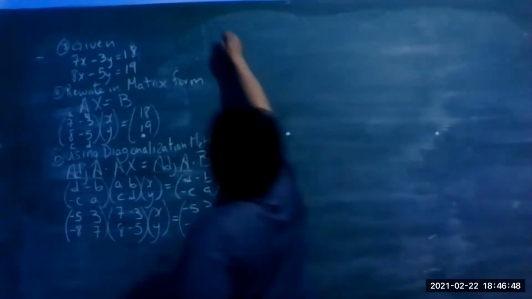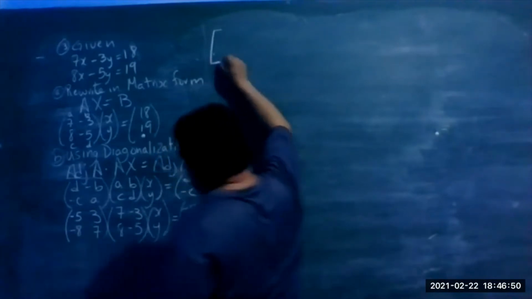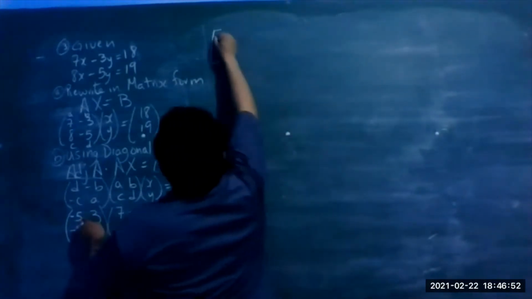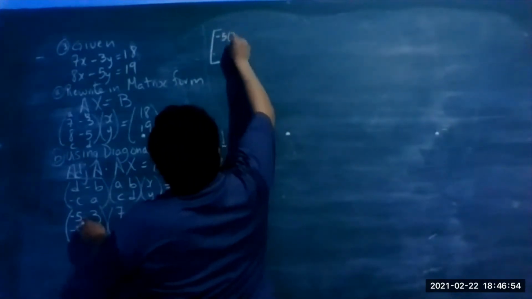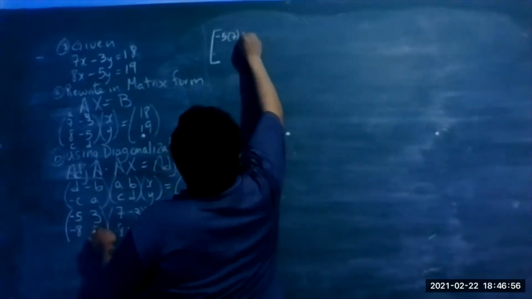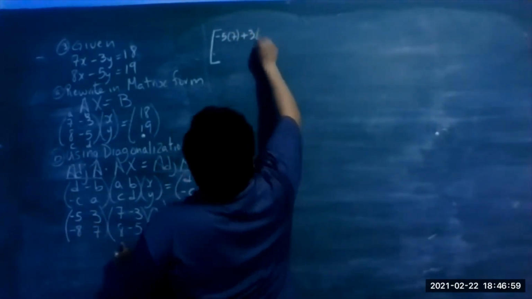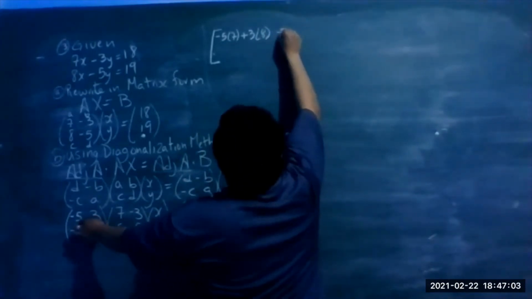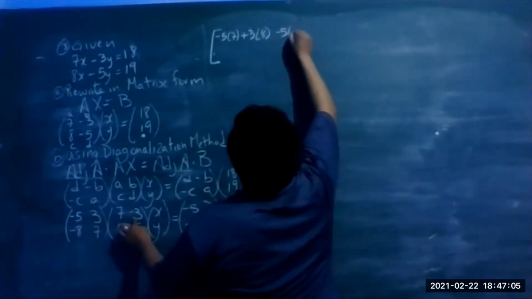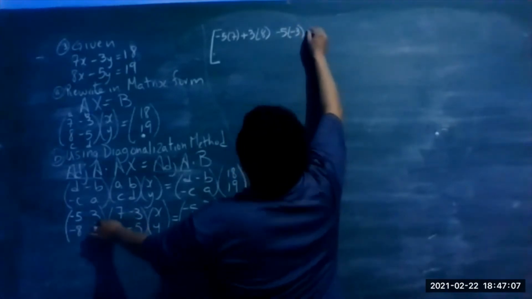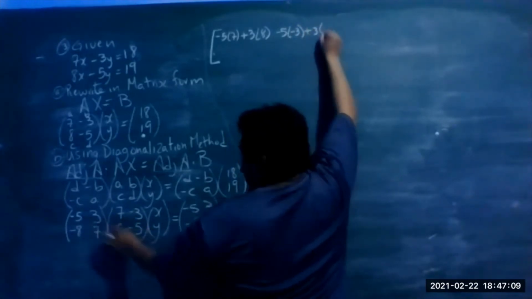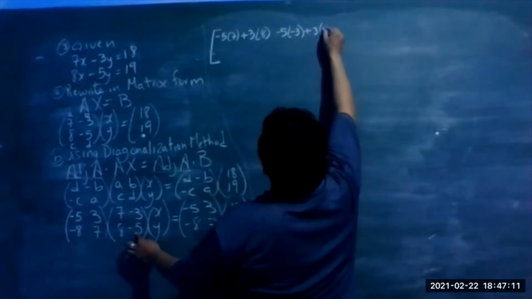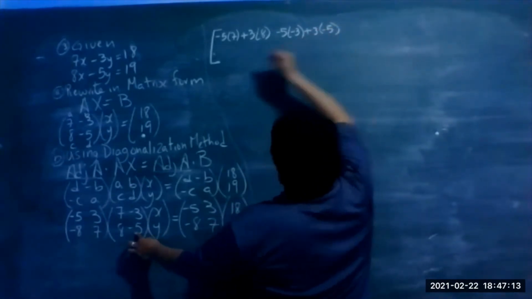All right, so here we begin. So we start: -5 times 7 plus 3 times 8. That's the first element. Then -5 times -3 plus 3 times -5.